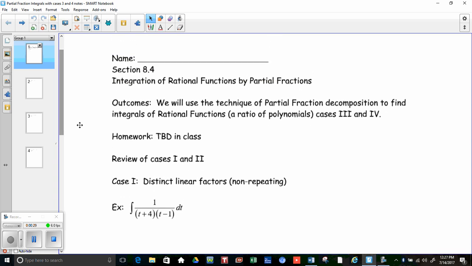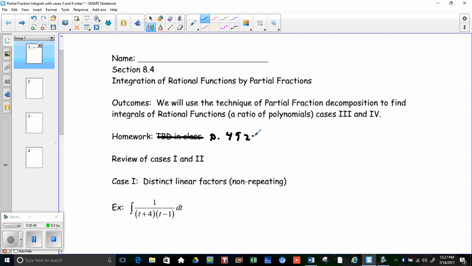All right, so let's start off with, it says homework to be determined in class. So that is no longer applicable because I have your homework assignment. It will be page 492, 493.